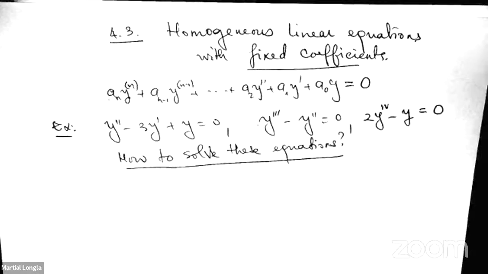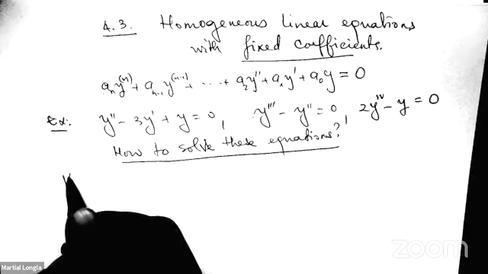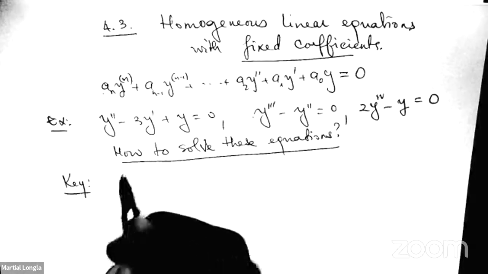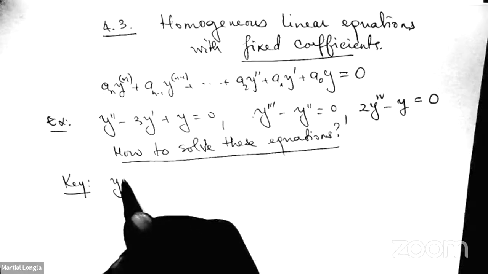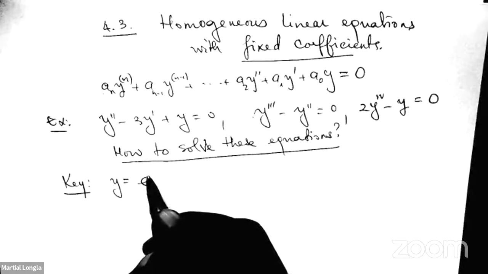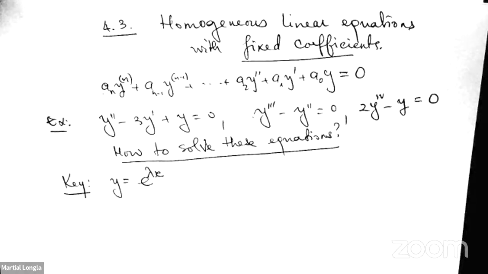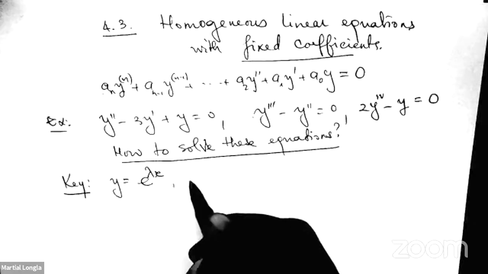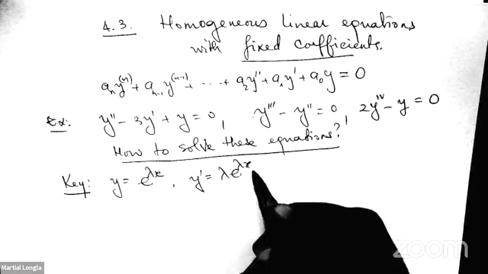That's a basic question. And the theory on these equations relies on one key fact: if you have a function that is e to the power, say, lambda x, then the derivative is lambda e to the lambda x.